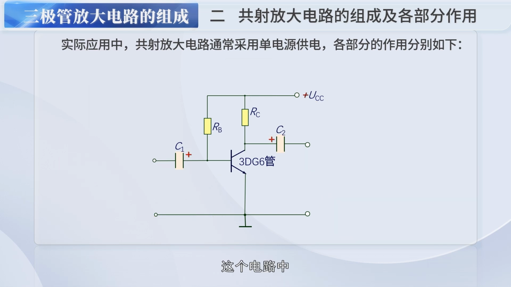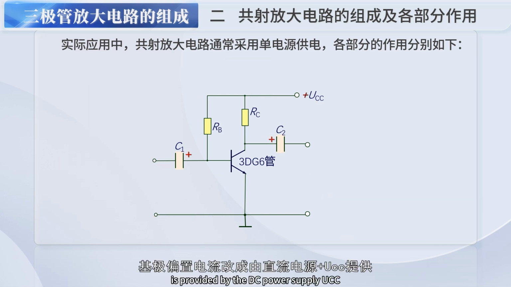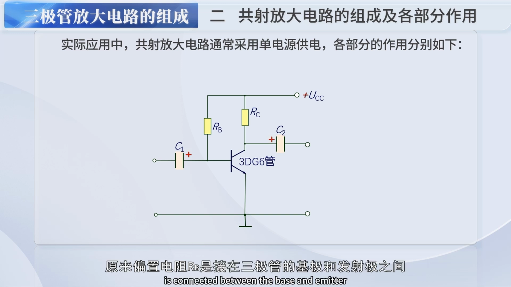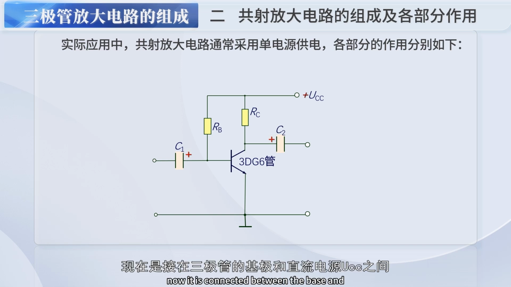In this circuit, the base bias current is provided by the DC power supply UCC. The size and position of the bias resistor RB have changed. The original bias resistor RB was connected between the base and emitter of the triode. Now it is connected between the base and the direct current power supply UCC.